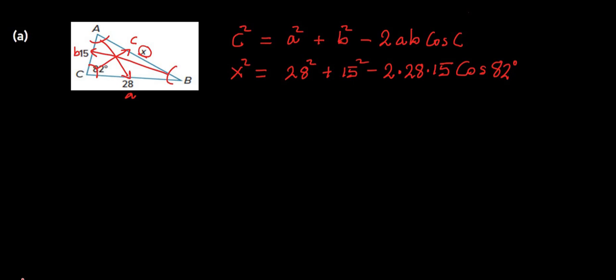All right, so this will be equal to 28 squared is 784, and 15 squared is 225, minus. We can use a calculator to generate this value.